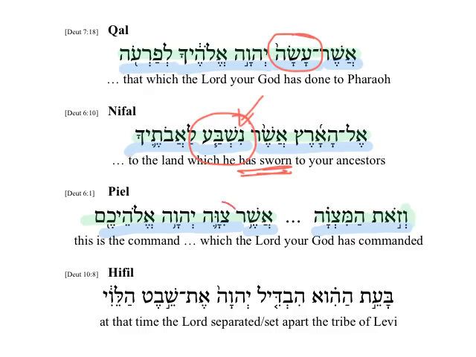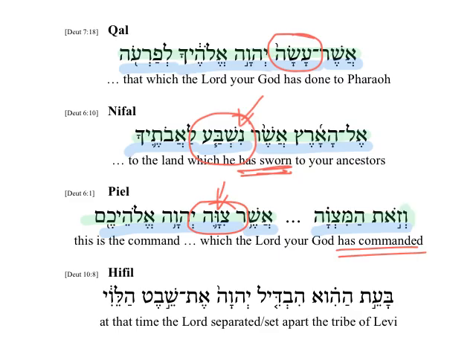Now again, we can see the Piel form, tziva, and we can see it has the doubled root letter signified by the dagesh, but in this case, tziva just has a normal sense. We don't do anything different to it. It's just he has commanded, since there's not a counterpart Qal form of this word.